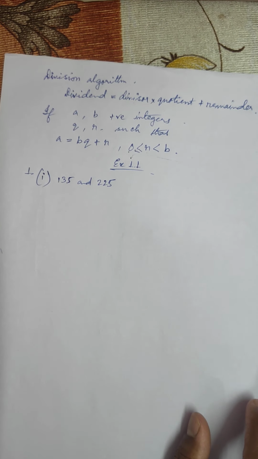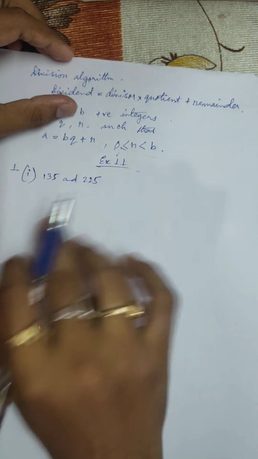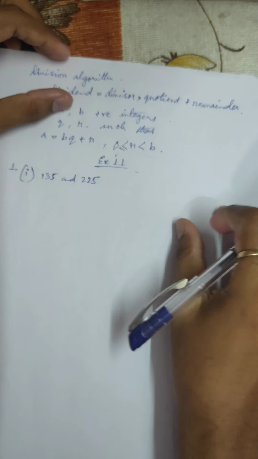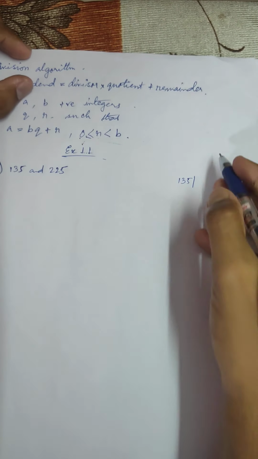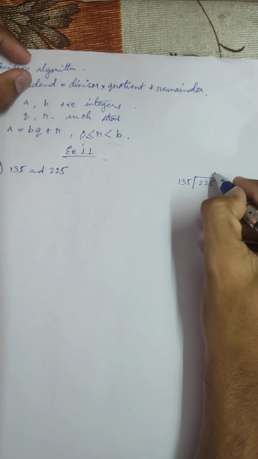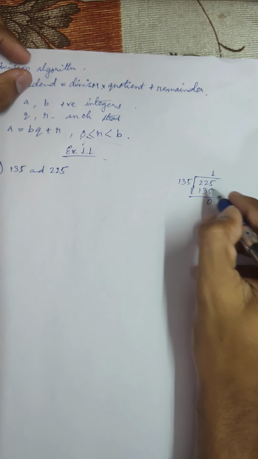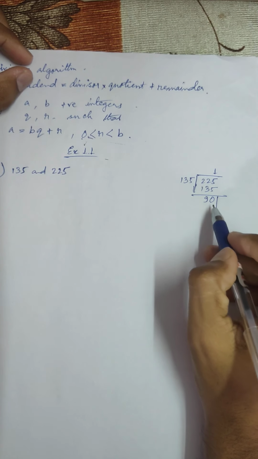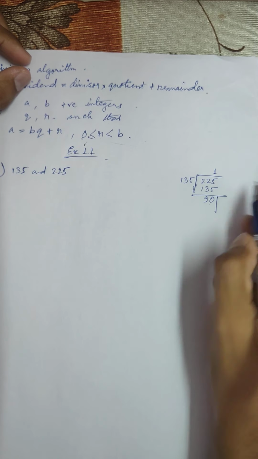In earlier classes we have done the HCF by the long division method. You can remember, if two numbers are given, then we start by dividing the larger number by the smaller number this way. I'm just recalling this system. 225, now divide. Then again divide the previous divisor by this remainder 135.